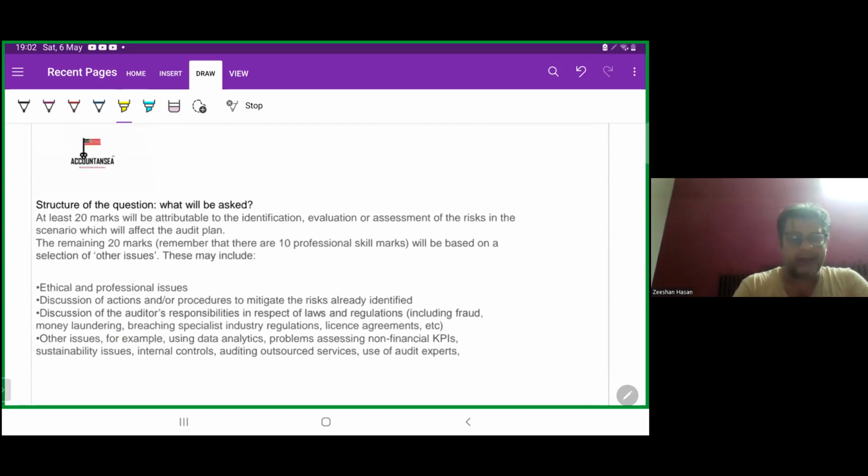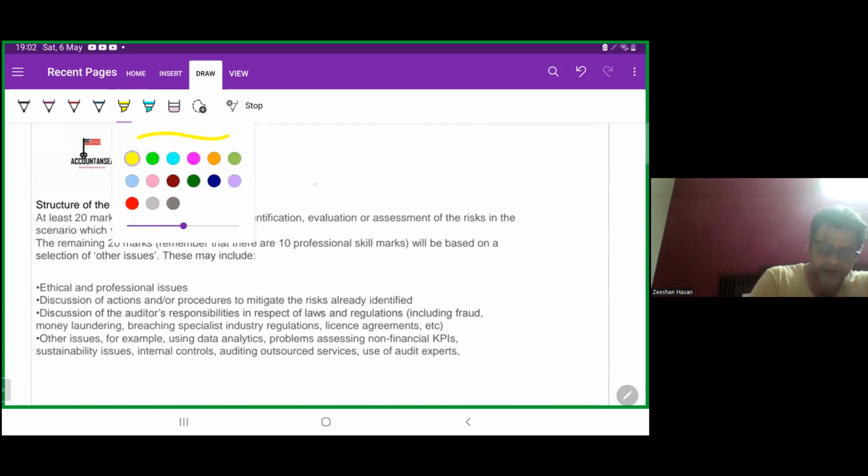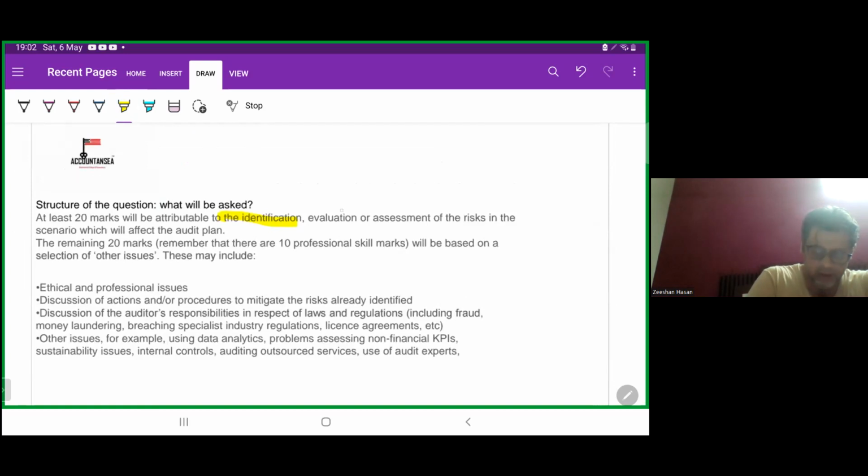Now, as far as the structure of the question is concerned, what will be asked? At least 20 marks will be attributable to the identification, evaluation, or assessment of the risk in the scenario which will affect your audit plan. The remaining 20 marks, remember that 10 marks are professional skills marks over here, will be based on the selection of other issues.